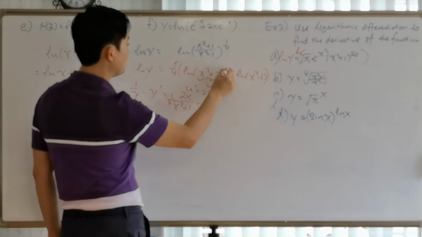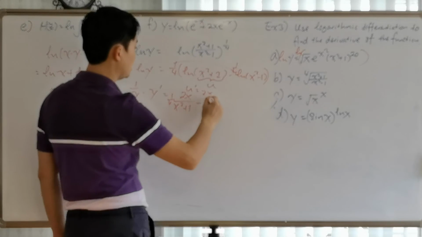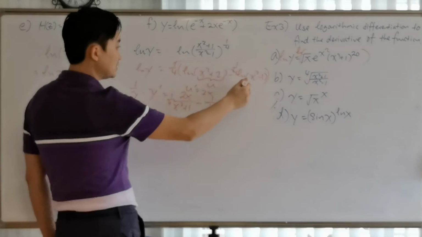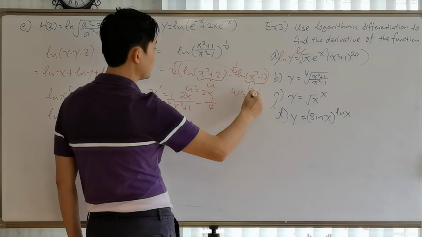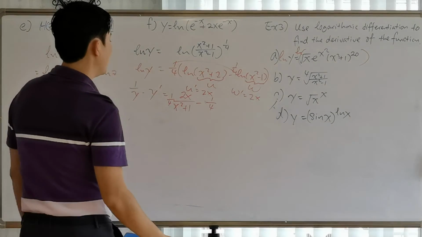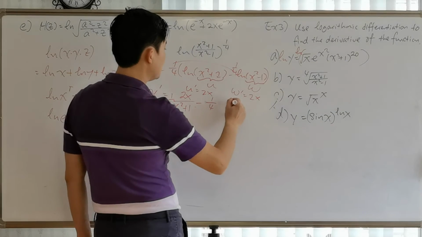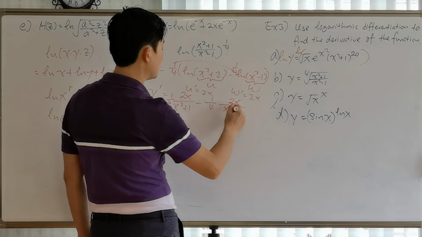Because that 1/4 you want to distribute, so it's 1/4 here also. The derivative of this, let's say this one is w, so w prime would be 2x. So that'd be 1/4 times 2x over x squared minus 1.